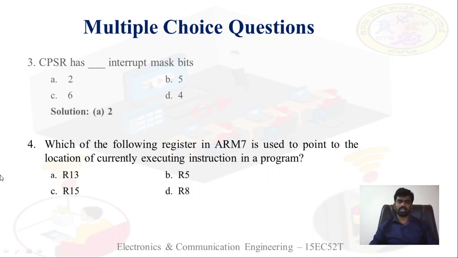Whether it is R13 or R5, R15, R8? The answer is R15, that is program counter. Program counter is used to store the address of the next instruction to be executed.